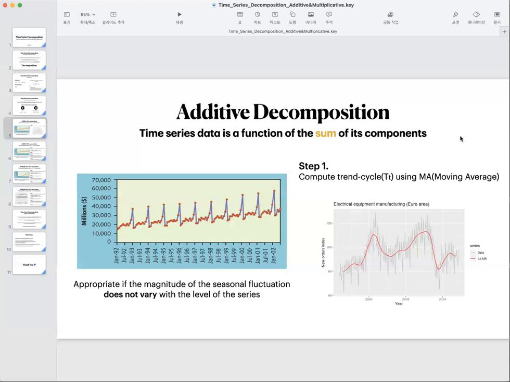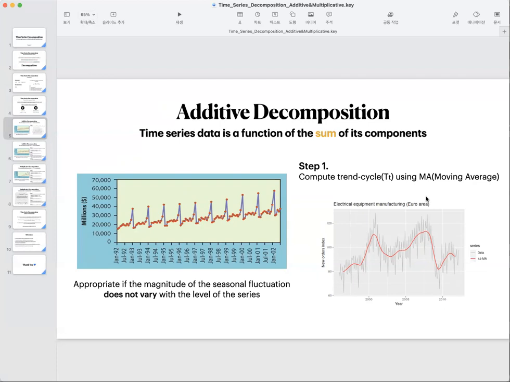The first thing we do is computing the trend-cycle using a moving average. A moving average literally measures the average of observations while moving a window of a certain size. For example, MA with order 5 at time t is the average of the observations in the preceding 2 periods, the observation at time t, and the observations in the following 2 periods.